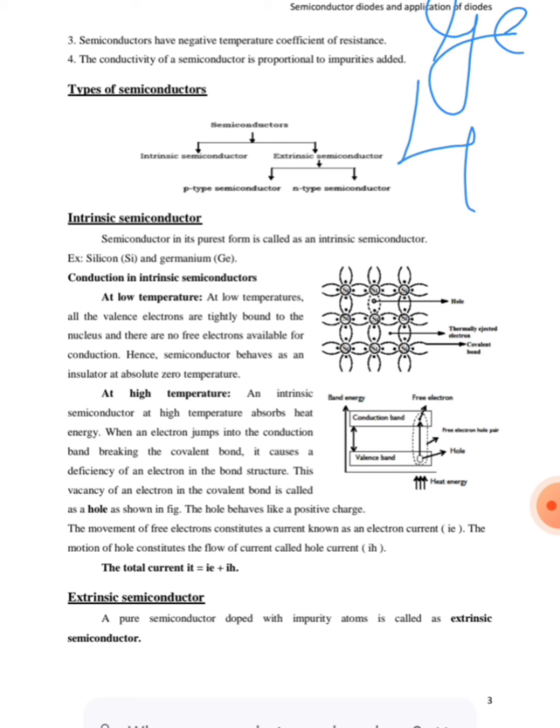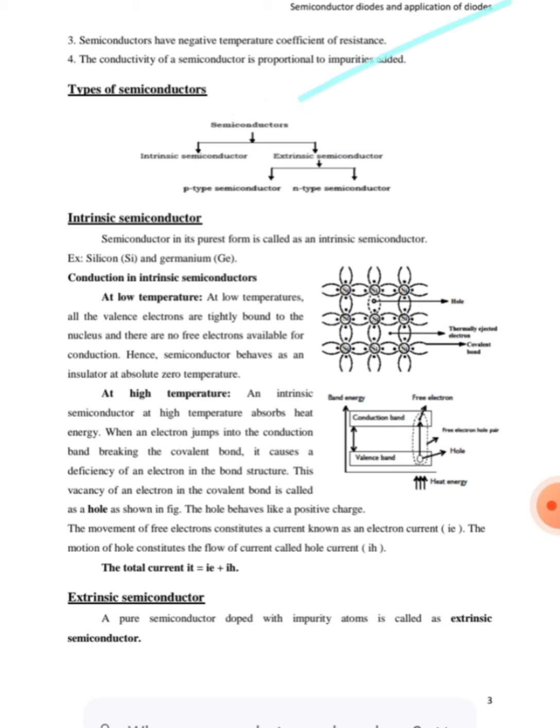Germanium is denoted by Ge and silicon is denoted by Si. In both of these semiconductors, there are only four valence electrons, and these four valence electrons form covalent bonds with the nearest four other silicon atoms. In order to form a covalent bond, two electrons are required.